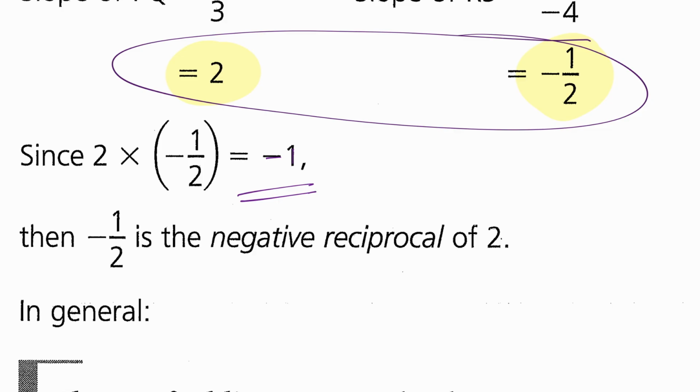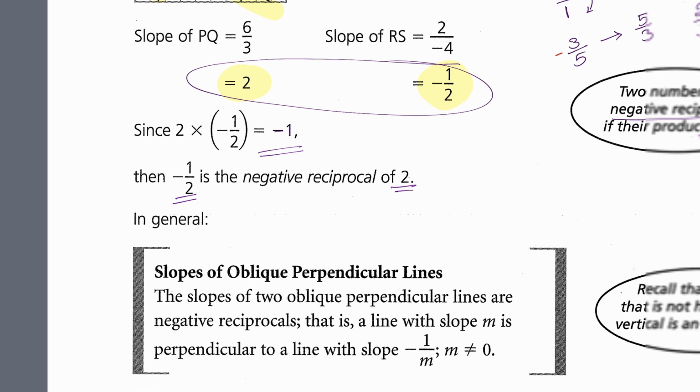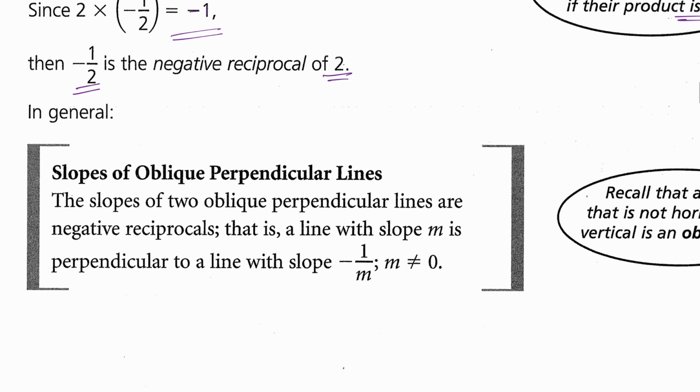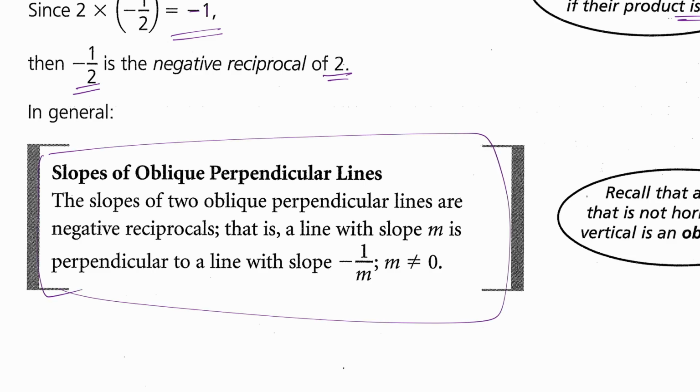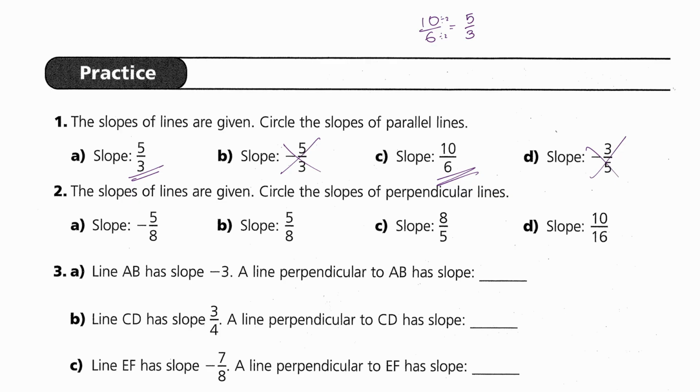So we can say negative half is the negative reciprocal of 2 and they are perpendicular. So this is the theorem. The slopes of two oblique perpendicular lines are negative reciprocals. That is, the line with slope m and the line perpendicular to it has a slope of negative 1 over m. You can use this concept to solve question number 2.